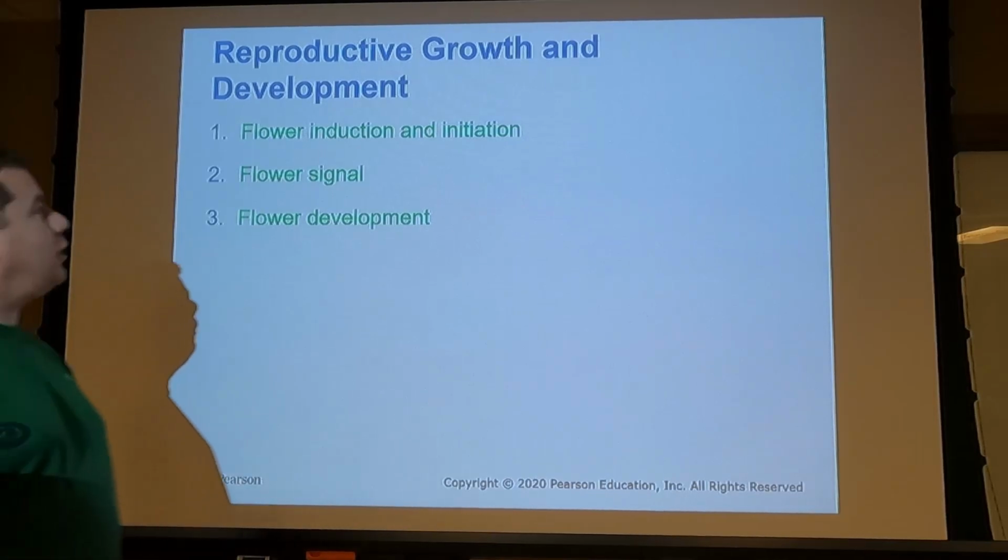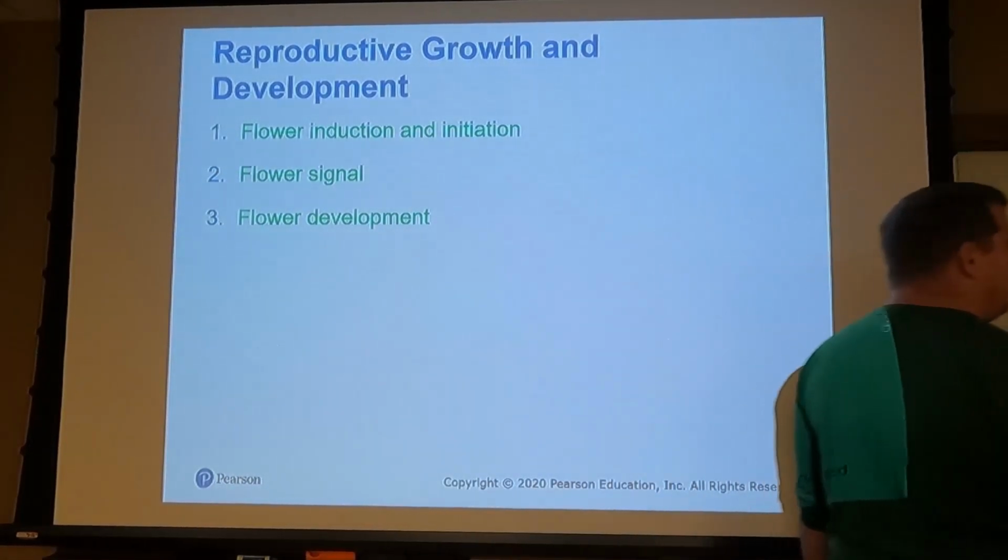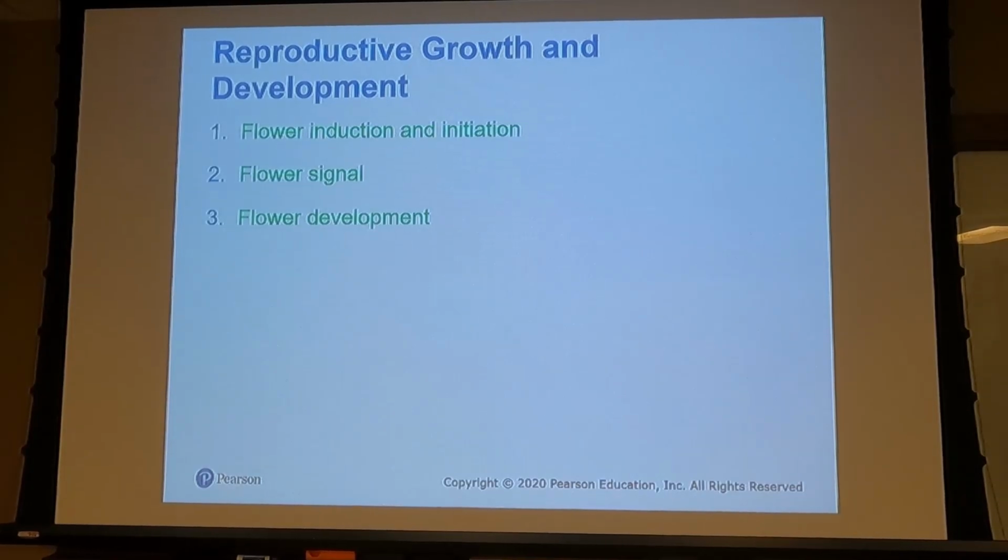So when we start to go into the reproductive phase, there are going to be three kinds of flowering phases. That first one is going to be induction and initiation, and this is going to have to do with temperature and light. As light starts to either increase or decrease, depending on short day or long day, there are going to be some signals and cues and hormones that get released, and the meristematic tissue will start to divide and differentiate into flowering cells.